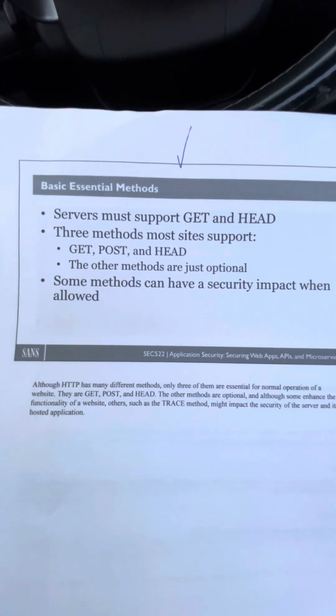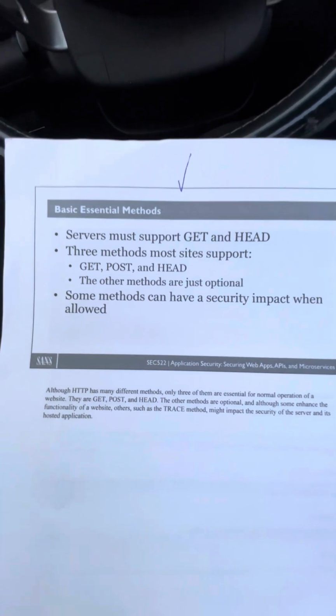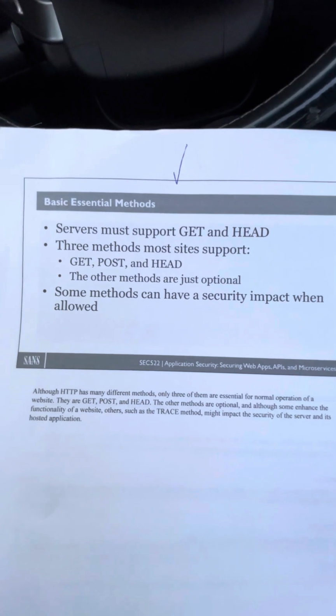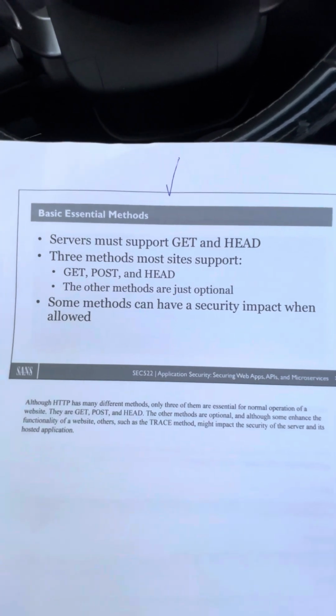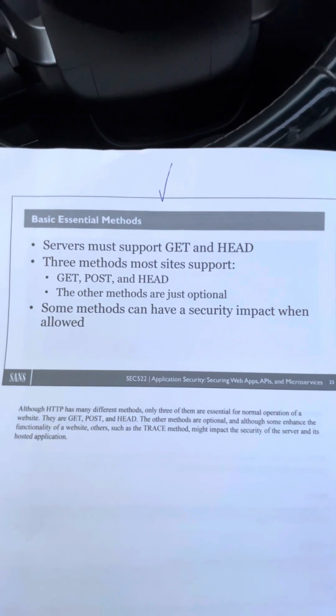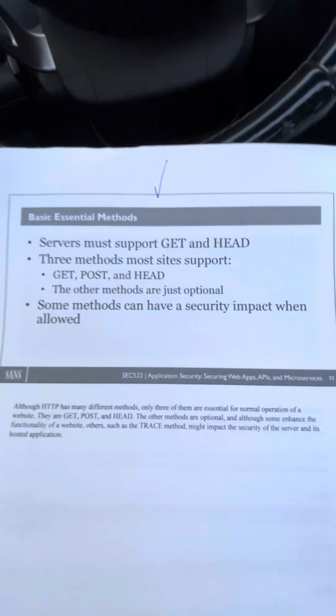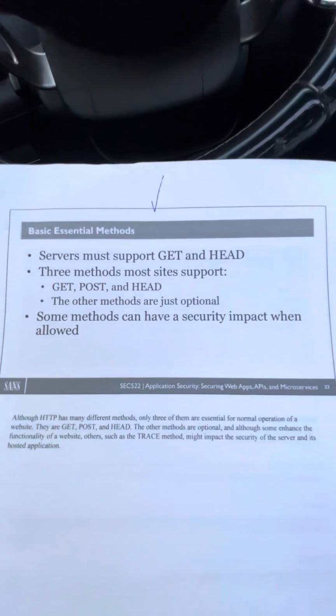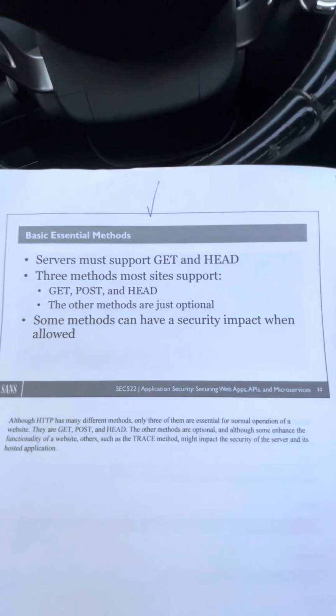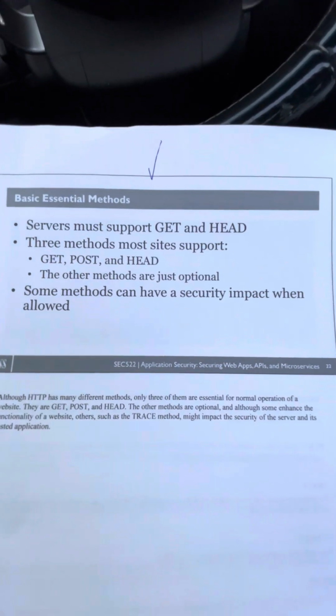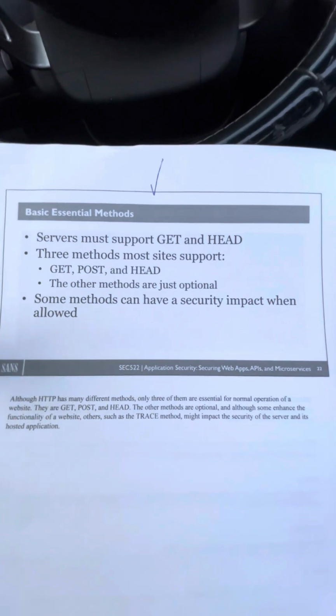So again, whenever you're building out your infrastructure and you're allowing certain methods to function on your servers, consider these basic essential methods as you're building out your web infrastructure.